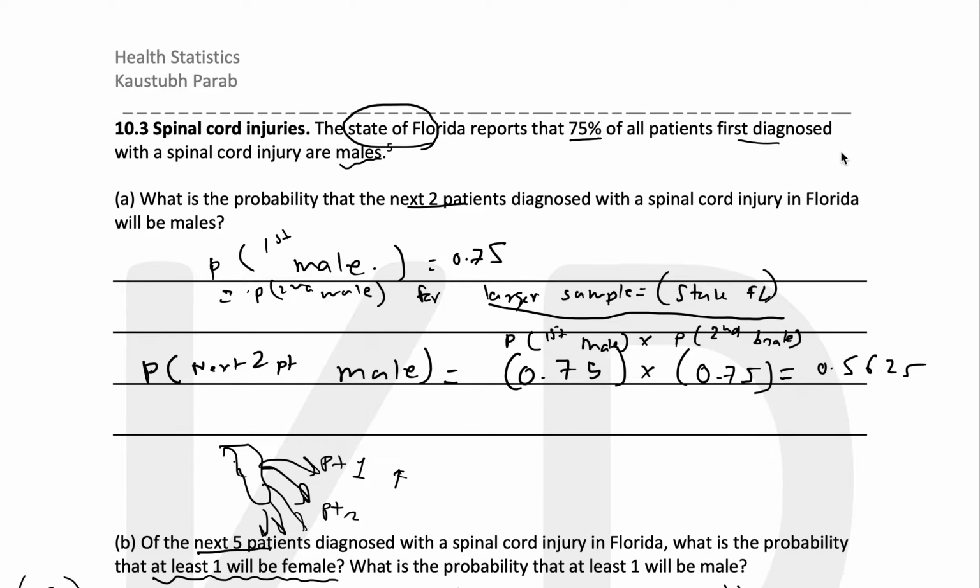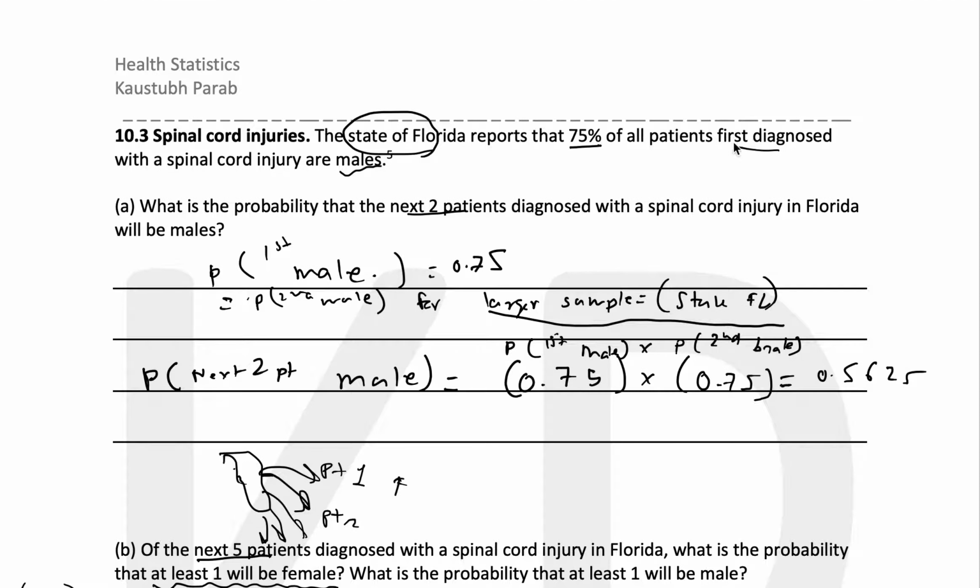So let's move to 10.3, spinal cord injuries. It's data for the state of Florida reporting that 75% of all patients first diagnosed with spinal cord injuries are male. That's the given information.